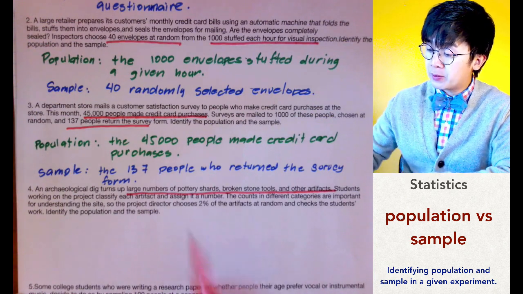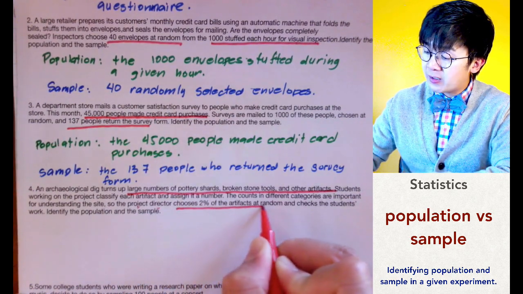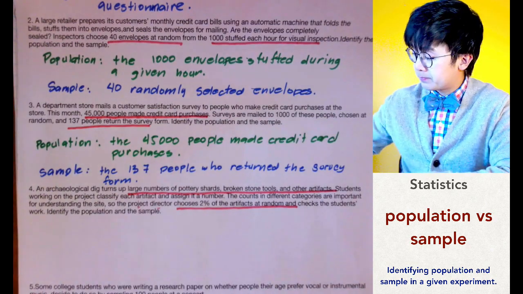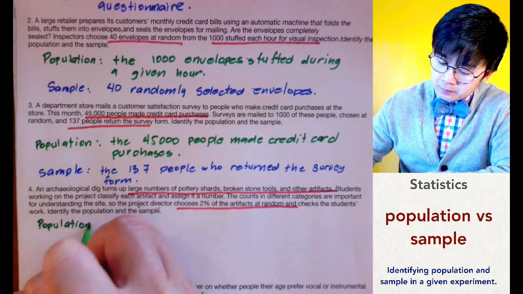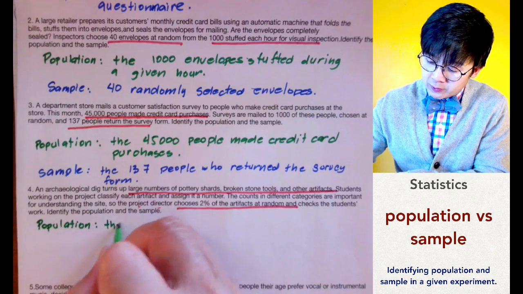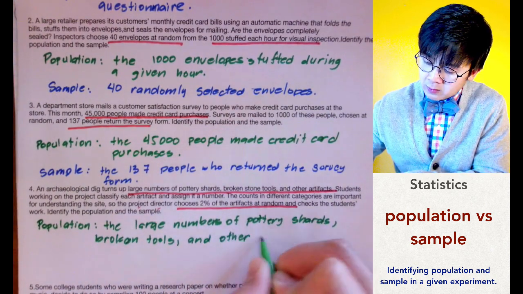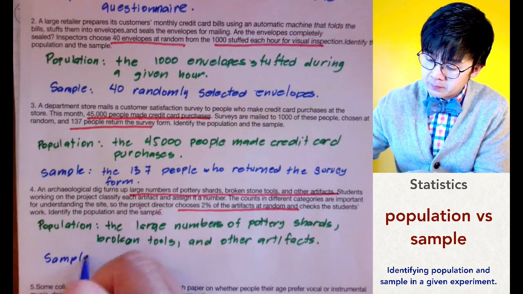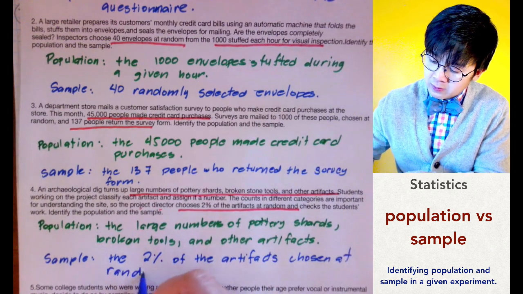And our sample would be the 2% of the artifacts that was chosen at random.